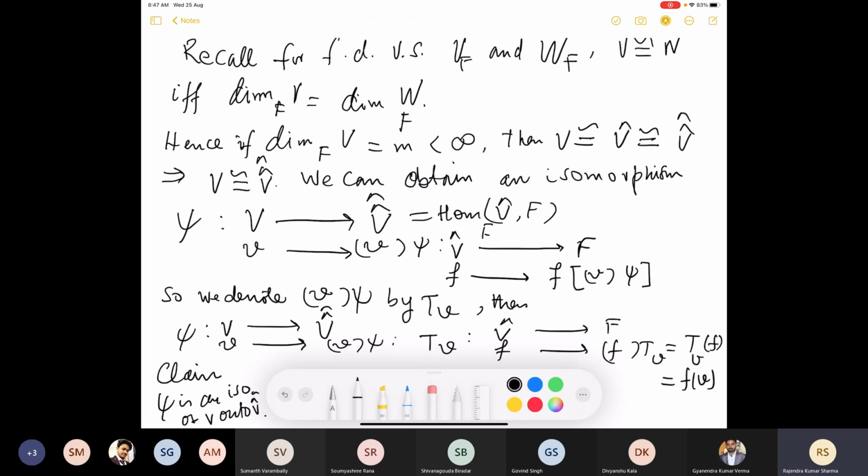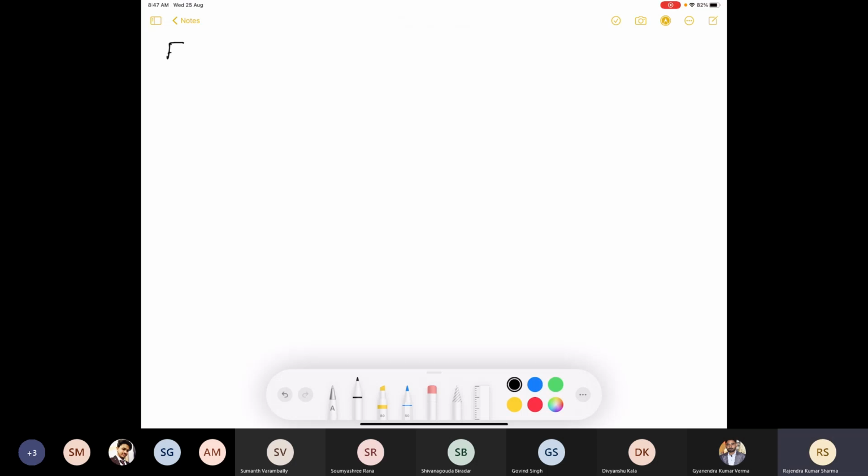So that means you have to prove that psi preserves the sum and psi preserves scalar multiplication. Now for that, psi is a homomorphism, number one. Psi is a homomorphism since it preserves the sum.